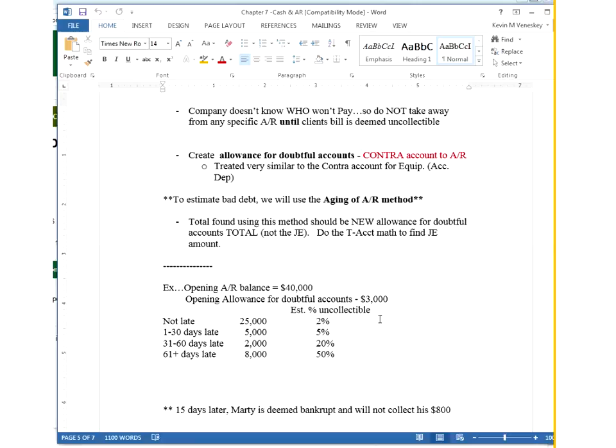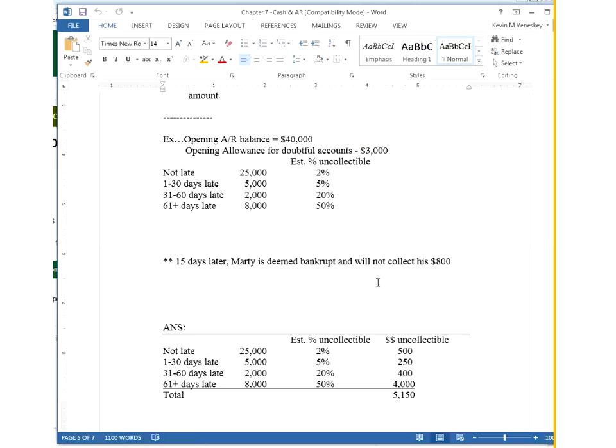Well, I would have had to credit $1,000, because remember, this is a contra account. So if it has a 3,000 balance, it's going to be a minus plus. So it's a plus on the credit side. And if my new balance is 4,000, that means I added 1,000 to get there. So let's look at how this example actually does work out.